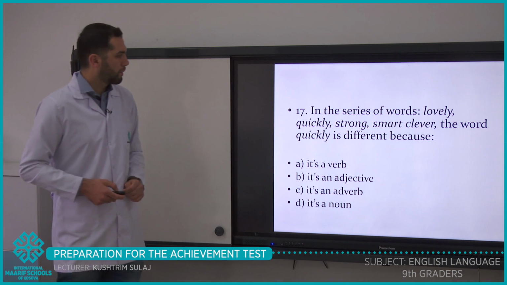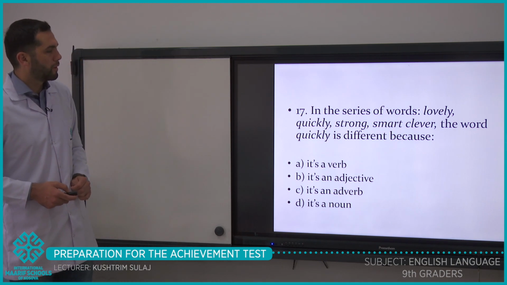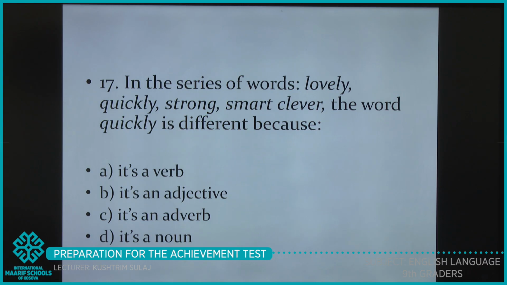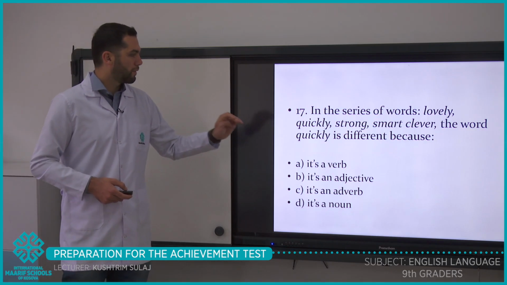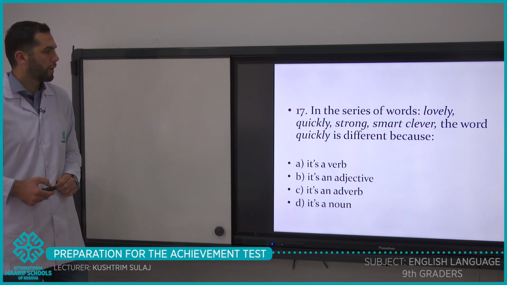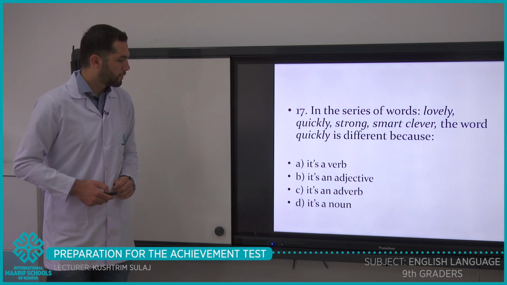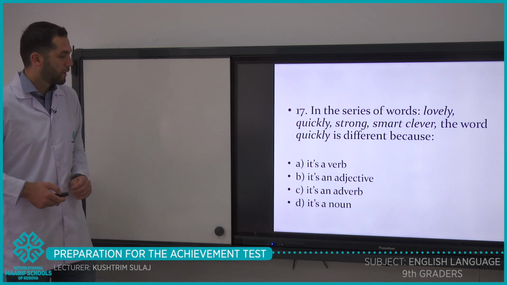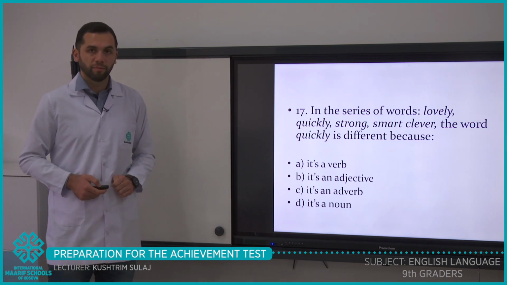Number 17, in this series of words, lovely, quickly, strong, smart, clever, the word quickly is different. Is it a verb, an adjective, an adverb, or a noun? We have to check if it's a verb.